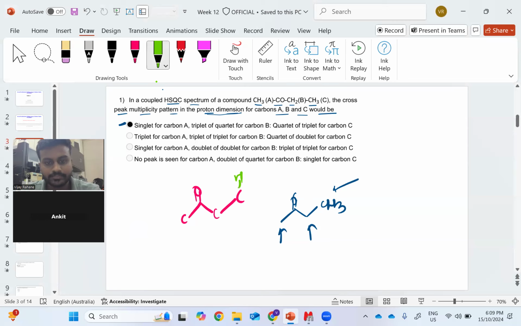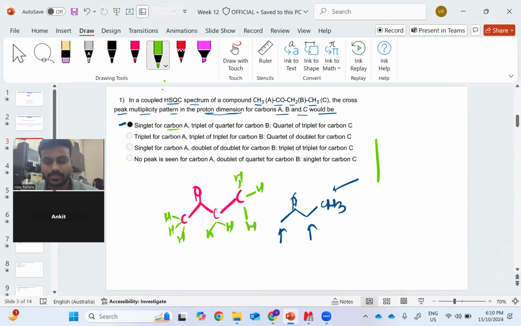And if you look at the hydrogens attached to this molecule, so this is the structure. The carbon one will show the singlet because there is no adjacent carbon which has CH2, because we are taking the HSQC experiment, right? So that is different from the decoupled carbon spectrum.